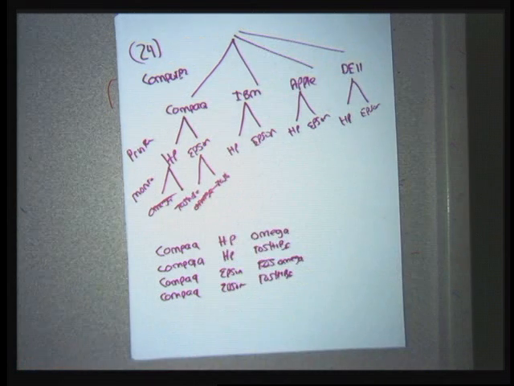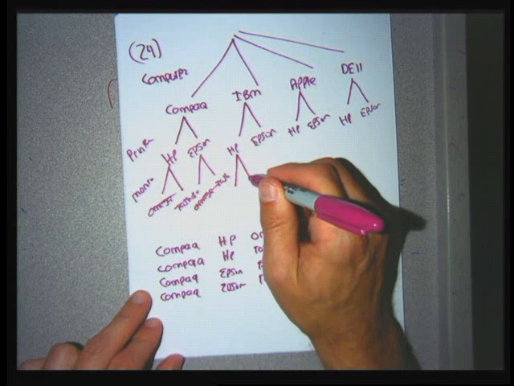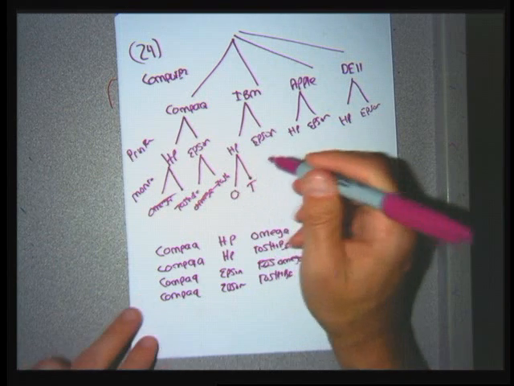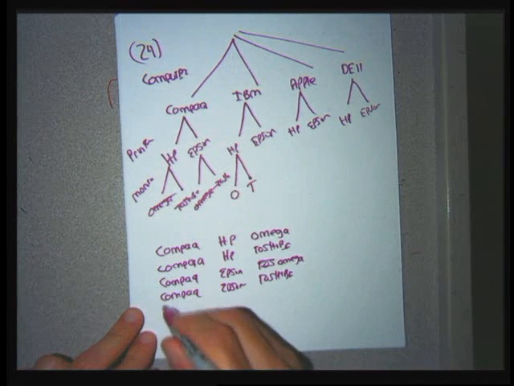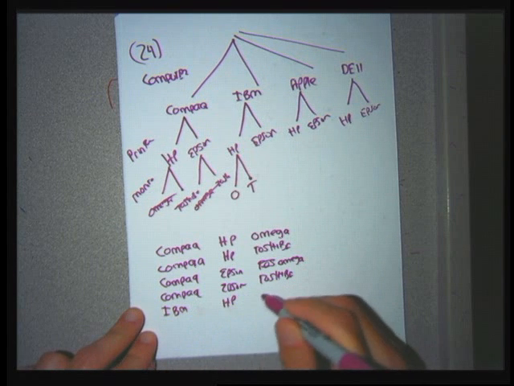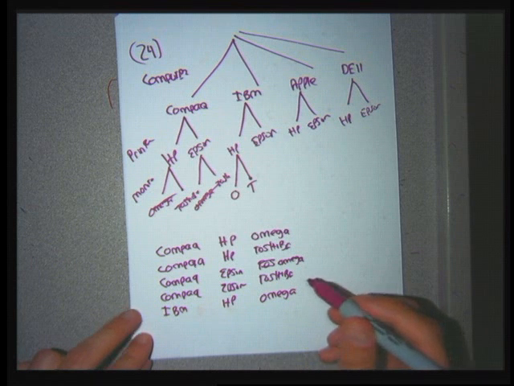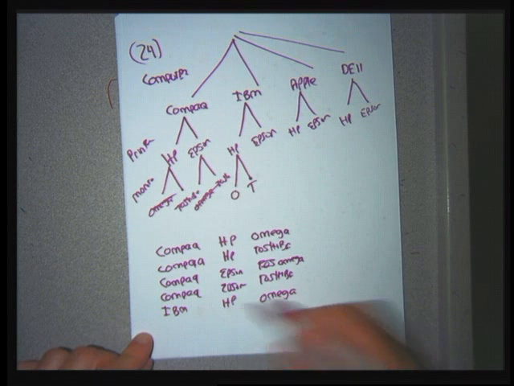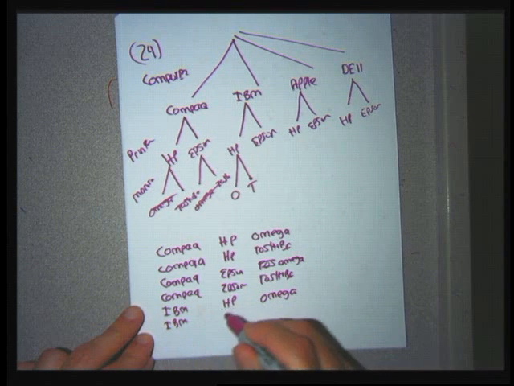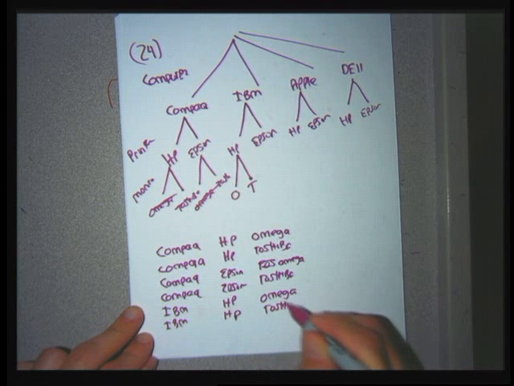Now I'm going to go over to the IBM and do the same thing. So under the IBM, I can get an IBM computer, an HP printer, and then an Omega or a Toshiba monitor. So I'm going to go IBM computer, HP printer, Omega monitor, or IBM computer, HP printer, and Toshiba monitor.